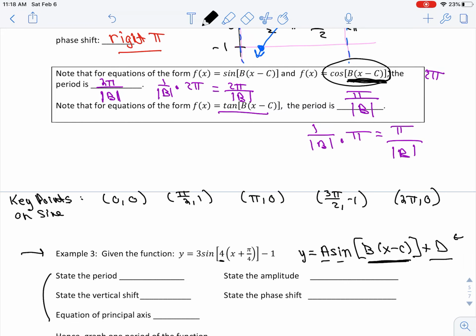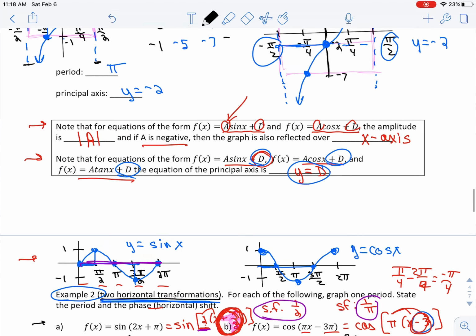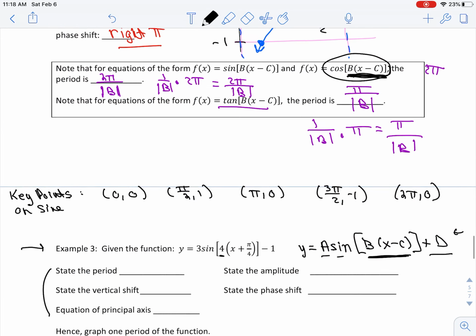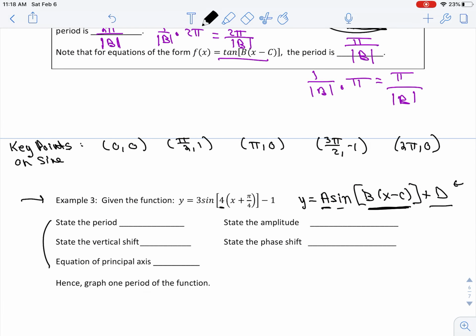So you see that repeated here. And then if I go back to this page, you can see that I made the exterior changes, the vertical ones, A and D. So you can see that reflected here where I have the A out in front and then the D at the end. So as I'm going through and talking about some of these values, that's where those letters are coming from.